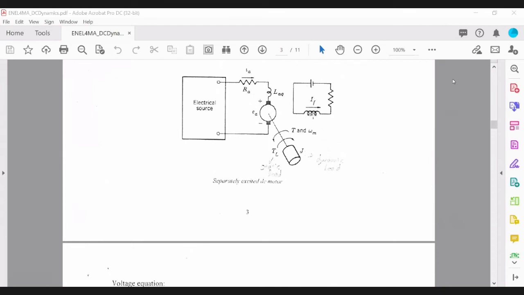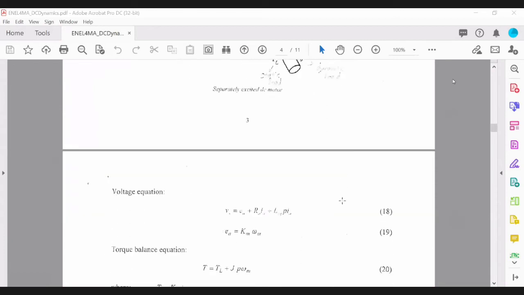And the current IF will generate the flux onto the motor. So here Vs is equal to EA plus RA times IA plus LA times P IA, right? Where P is d over dt.